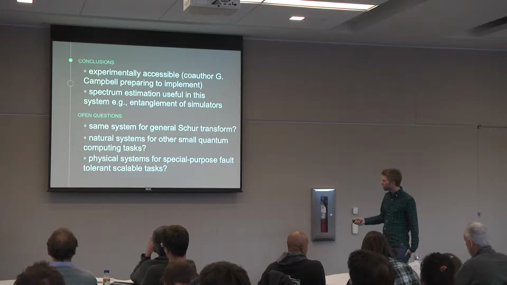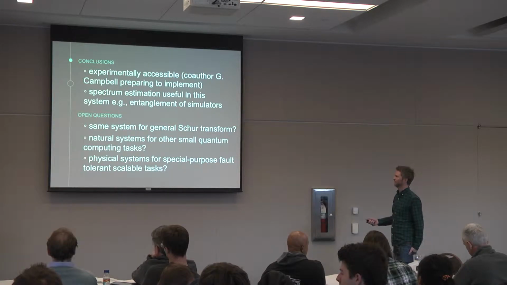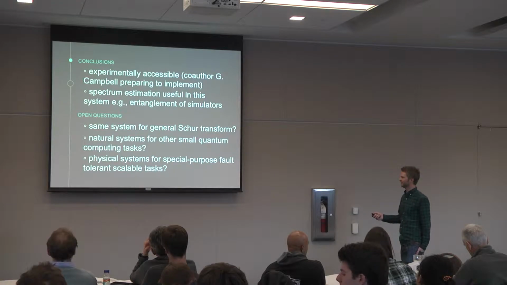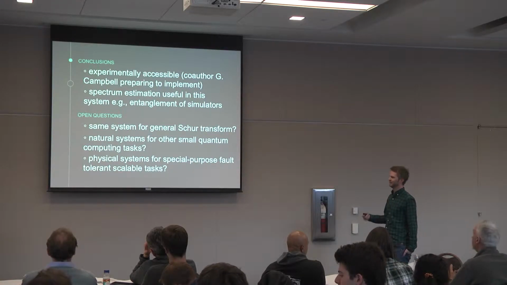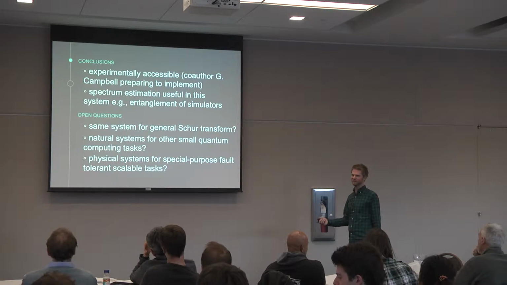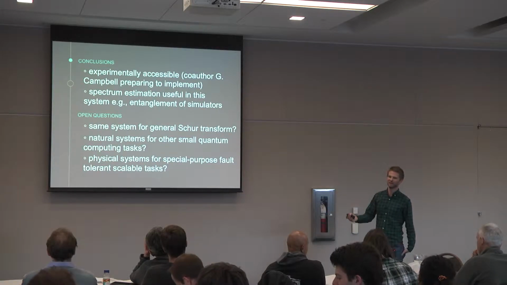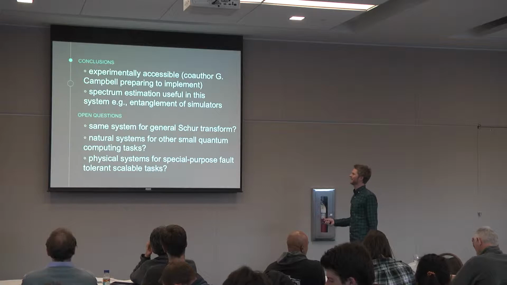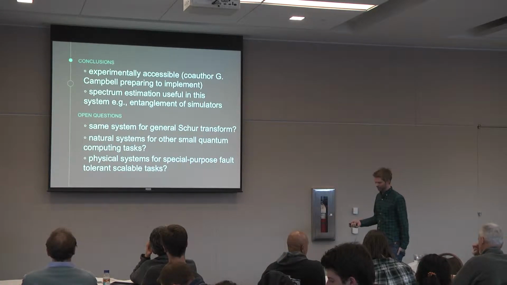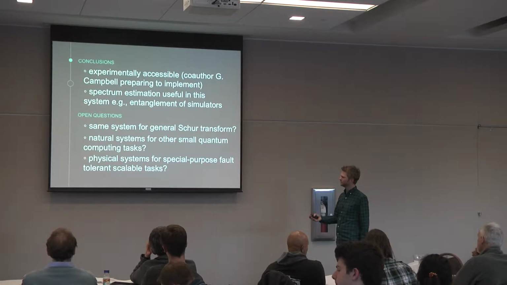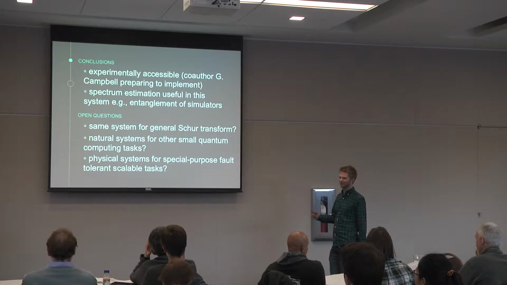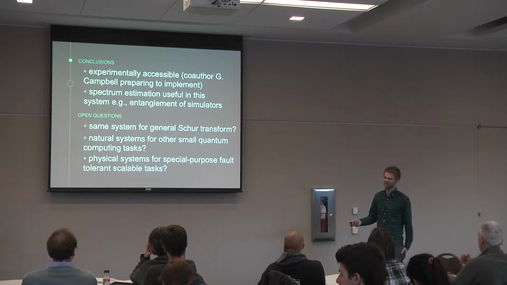And there are open questions too. I would say that kind of a burning one is, so we have this system with this high symmetry where we implement spectrum estimation. Can we do more general things with the same system? For example, implement the full Schur transform. Also, are there other natural systems for small quantum computing tasks, which are maybe similar in spirit but different in practice?